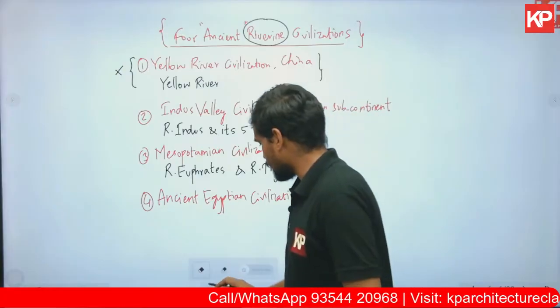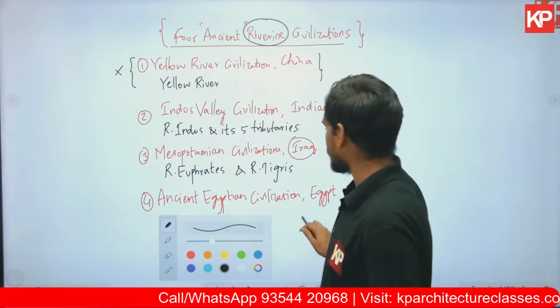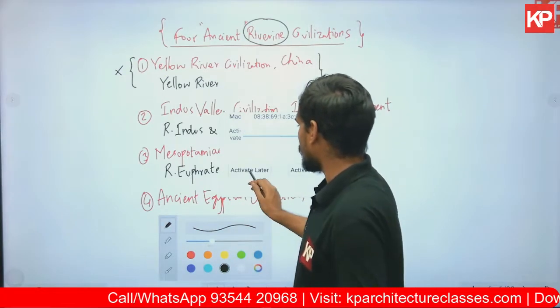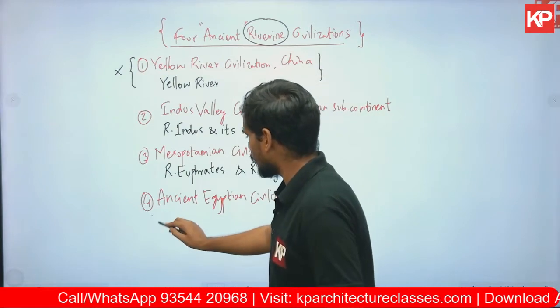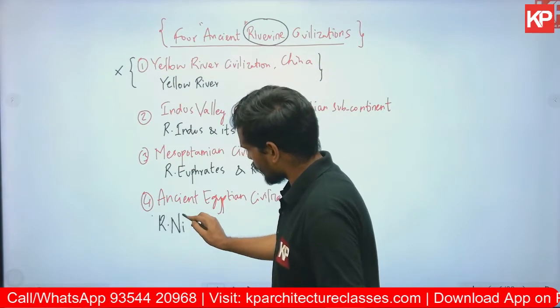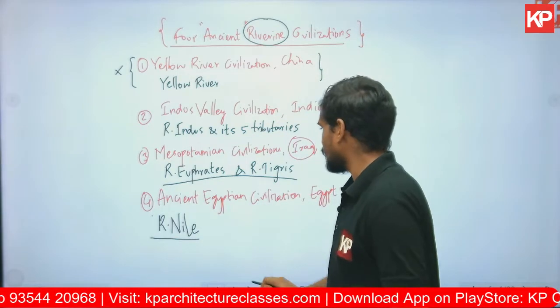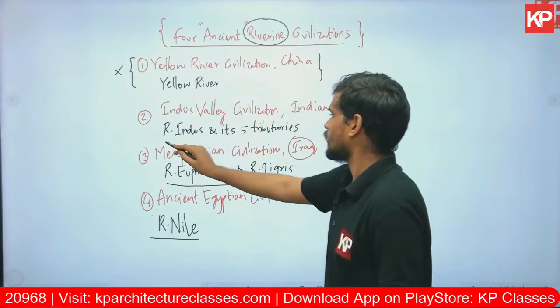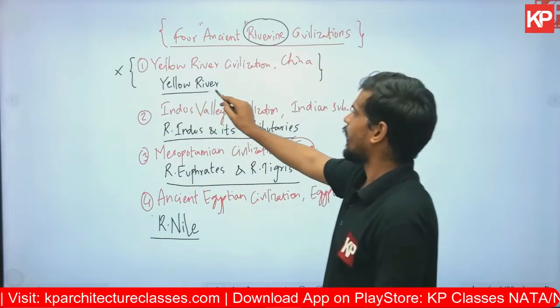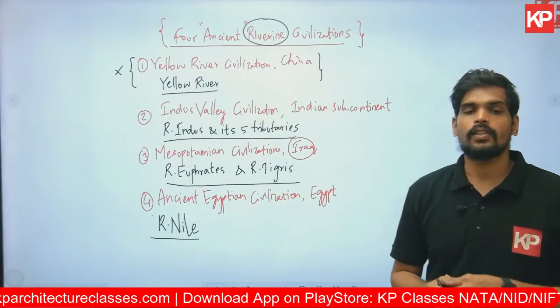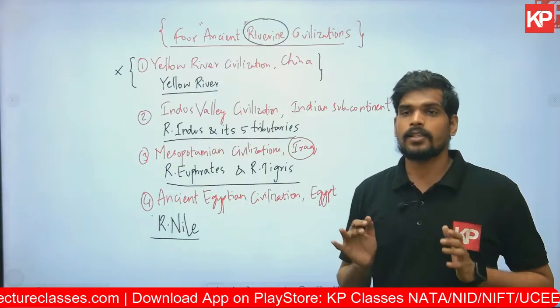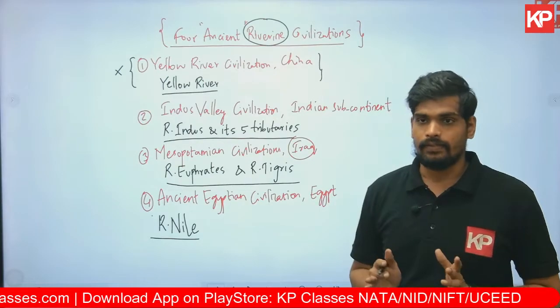And what is the river system along which this particular civilization flourished or existed? It was river Nile. So these are the names of the rivers for these riverine civilizations. Remember the name of the rivers and also name of the civilization. So this is an overview of the 4 ancient riverine civilizations or river valley civilizations.